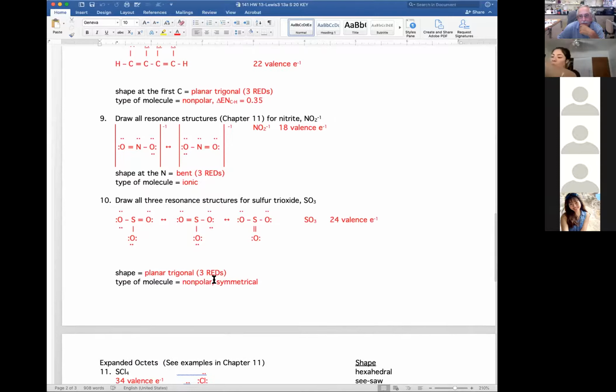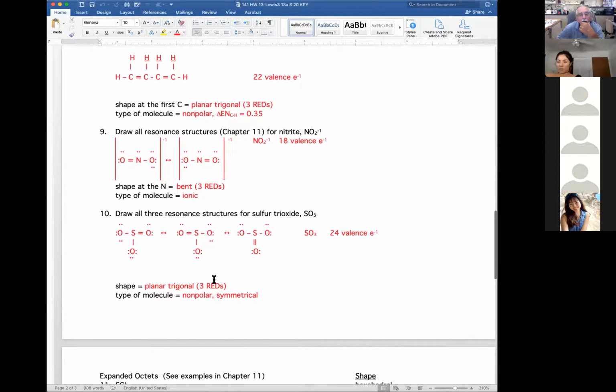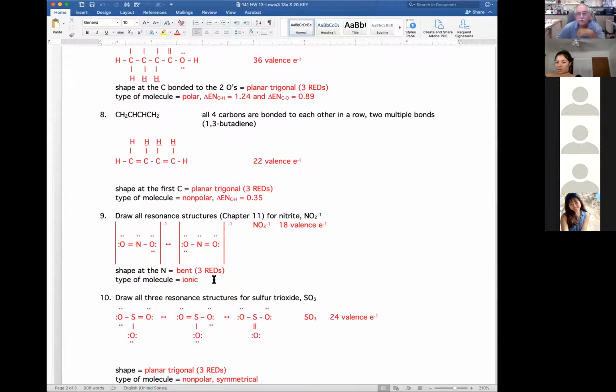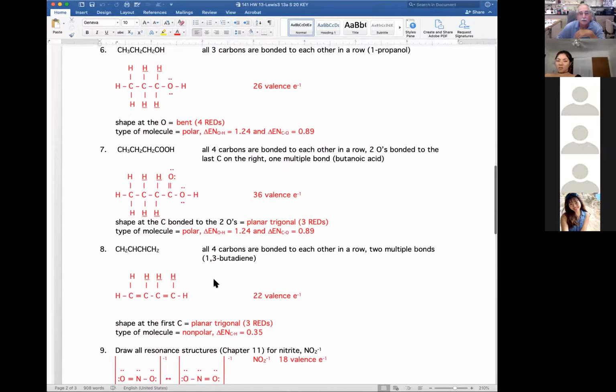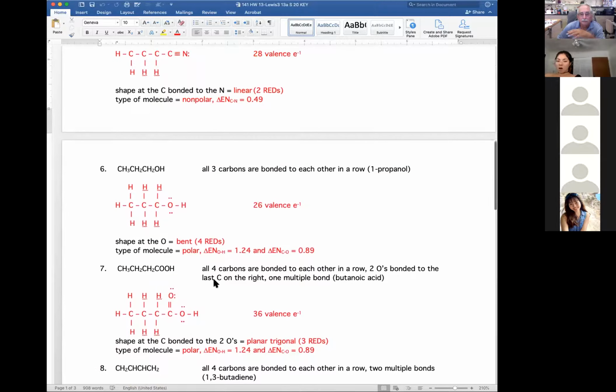If a bond was 0.49, would we call it nonpolar? Or will you not ask us something like that? Well, theoretically, because I gave you the cutoff of 0.5, then it's nonpolar.